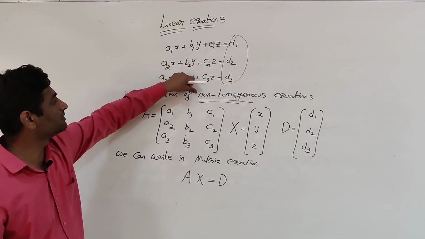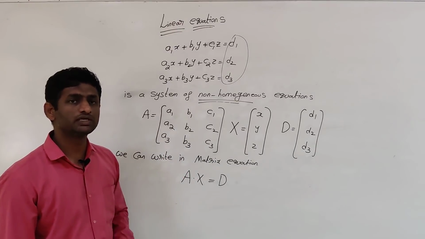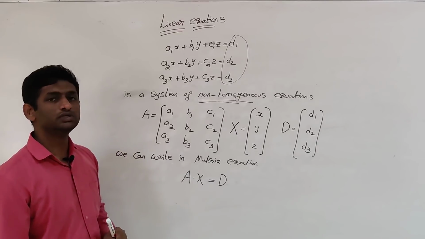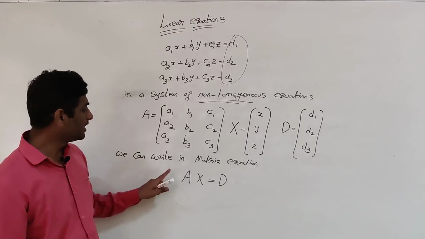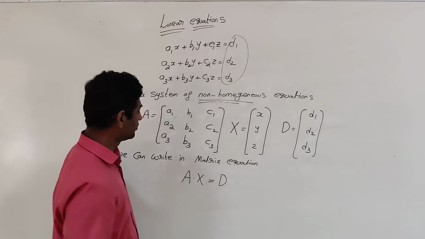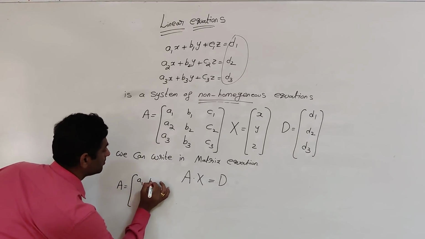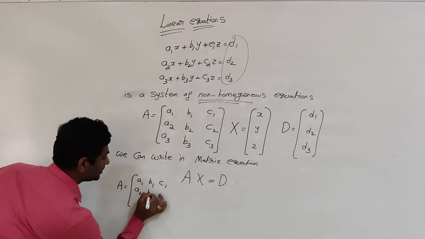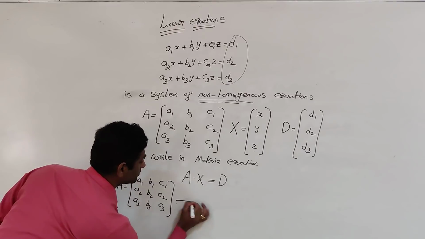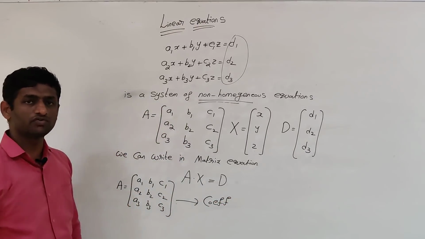a1x plus b1y plus c1z is equal to d1. a2x plus b2y plus c2z is equal to d2. a3x plus b3y plus c3z is equal to d3. Where A, what is A? A is equal to this a1, b1, c1, a2, b2, c2, a3, b3, c3, called the coefficient matrix, because all the elements are coefficients of x, y, z.